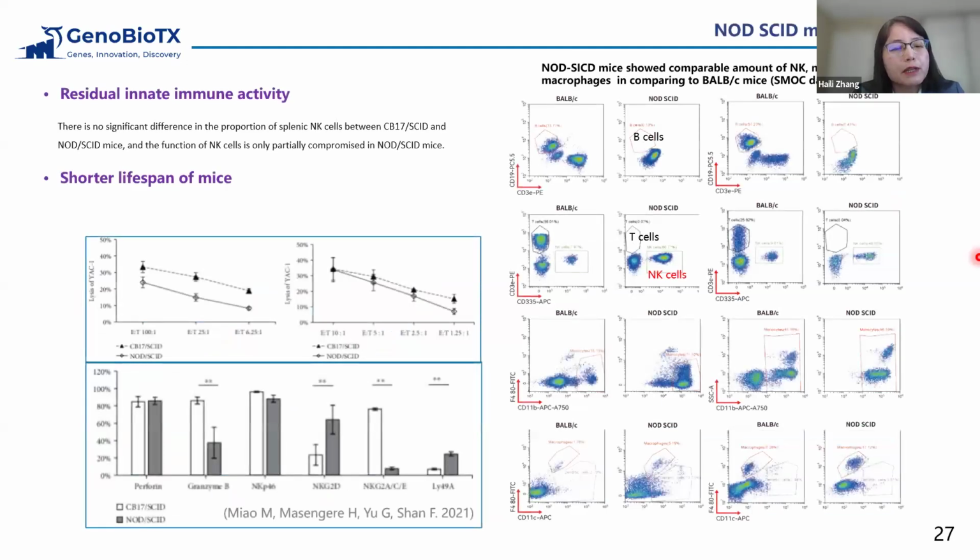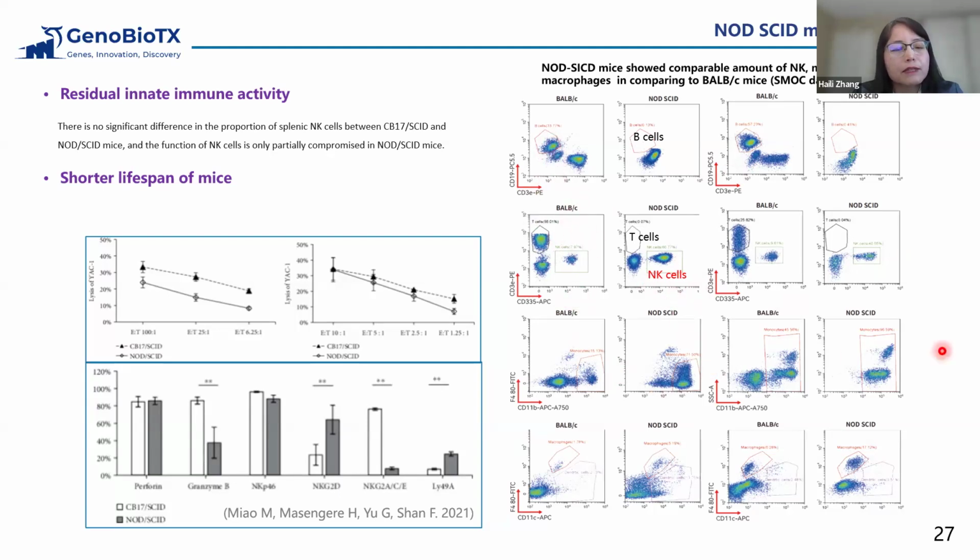So the major limitation of the NOD SCID mice is a residual innate immune activity. On the right side, flow cytometric data shows that NOD SCID mice lack T and B cells, but still have a comparable amount of NK cells, monocytes and macrophages compared to the wild type.